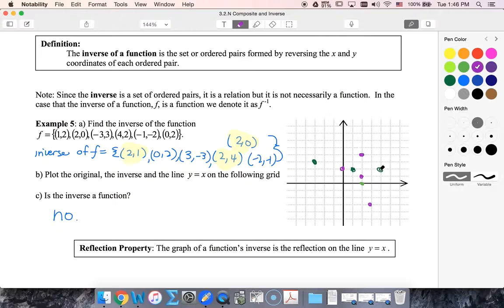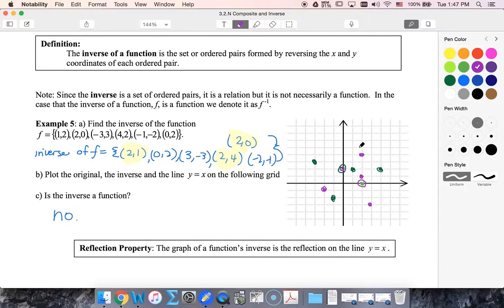Again, still across from each other. Negative 1, negative 2. And of course, that will correspond to negative 2, negative 1, still across. 0, 2, I have already. So now that's also a green one, which means this one will also be a purple one.